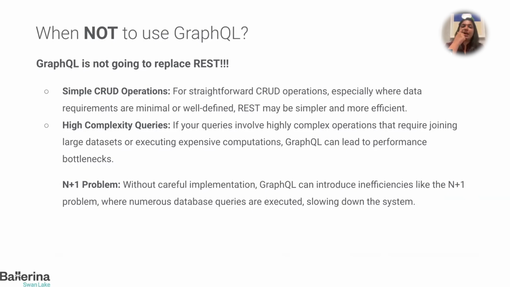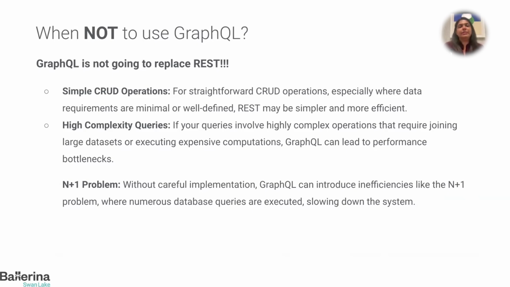And also if there are high complexity queries, and if you have to deal with a lot of joining of large data sets, if the queries are very complex, sometimes it can lead to a very complex situation in the server if we are using GraphQL, because of the flexibility of the query language, the client can request many different combinations.